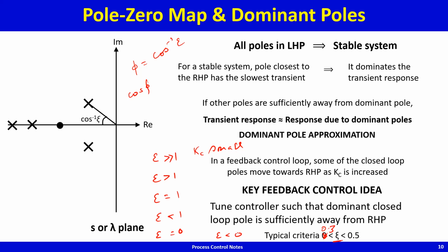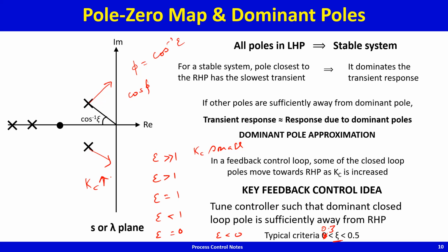Outwards meaning their imaginary parts are increasing. So the oscillations become faster, then you get sustained oscillations, and then you start getting oscillations that are still faster and that blow up. So basically the direction of motion of these roots is typically of this kind as Kc is increasing.